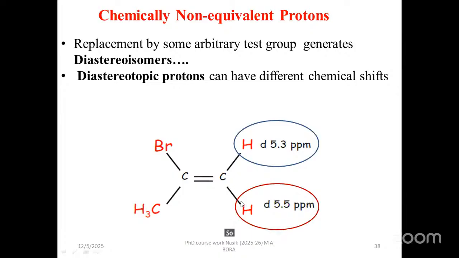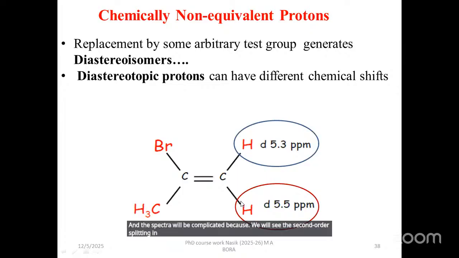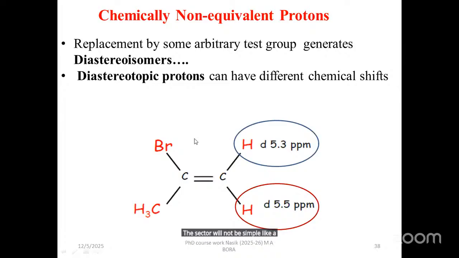So they will couple with each other by geminal coupling, and the spectra will be complicated because we will see second order splitting in such a molecule. The spectra will not be simple like a triplet or quartet; it will be different. For example, if I take this hydrogen, it is coupled with two types of protons.